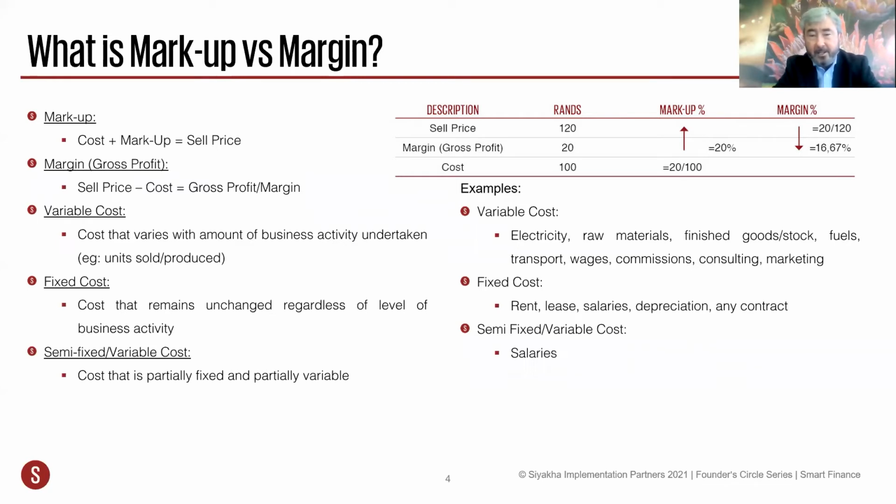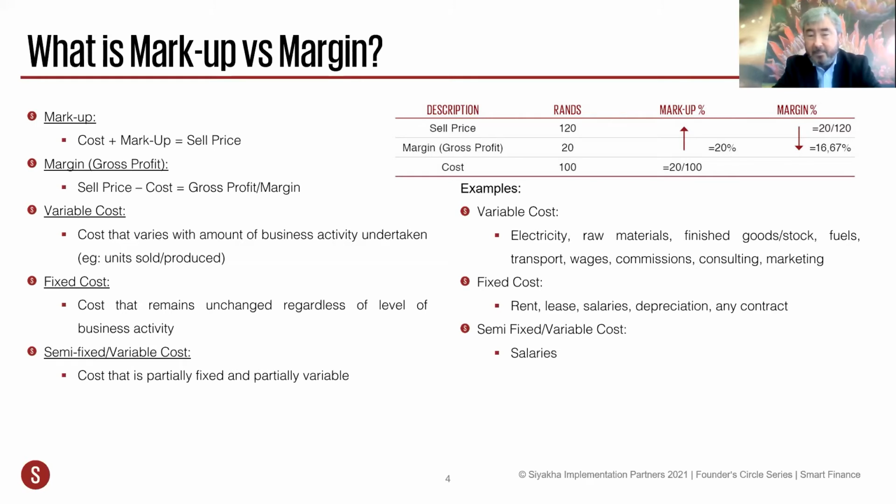So if we took the example on the right-hand side, if you've got a cost of 100 and you want to mark it up by 20, your selling price would be 120. Conversely, the selling price minus the profit of 20 will give you a cost of 100, but it's still a profit of 20.